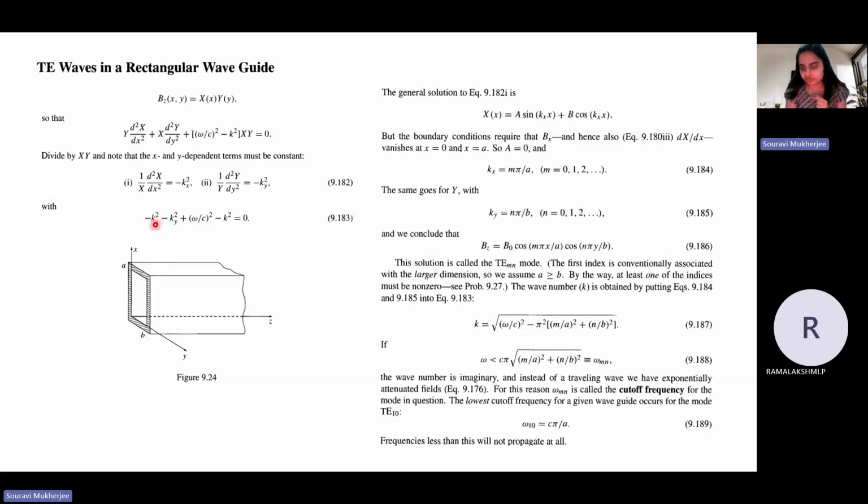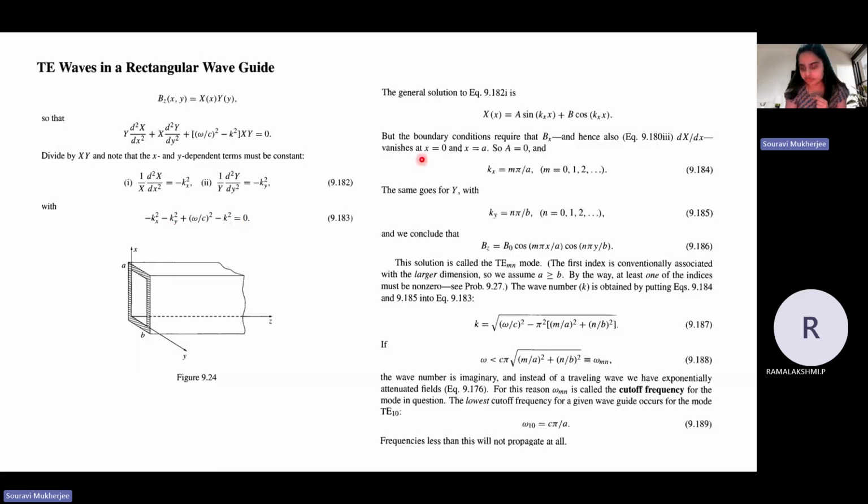And then you have some component kx and ky, so it would take up a form like this, right? So this is directly just by using the definition of the magnitude of your wave vector.